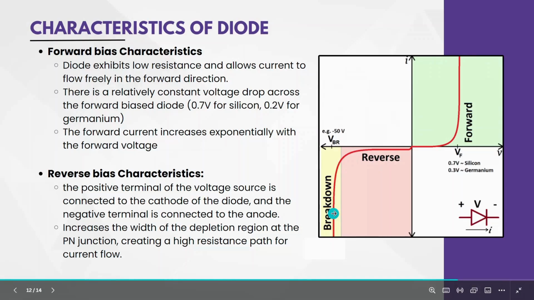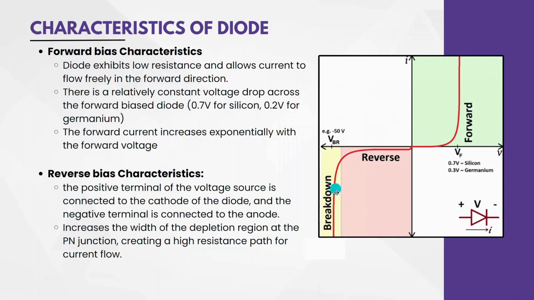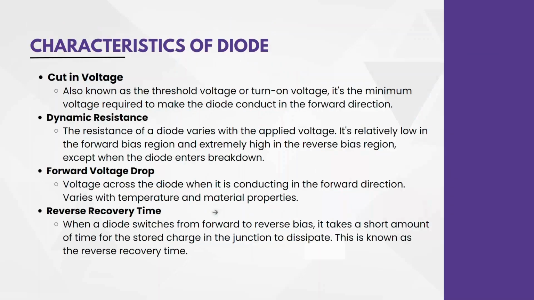This means in this case, the resistance varies. But other than that, in reverse bias, the resistance of a diode would be high. Forward voltage drop is the voltage across the diode when it conducts in the forward direction. This varies with material and temperature, just like how we studied for silicon and germanium, different voltages.